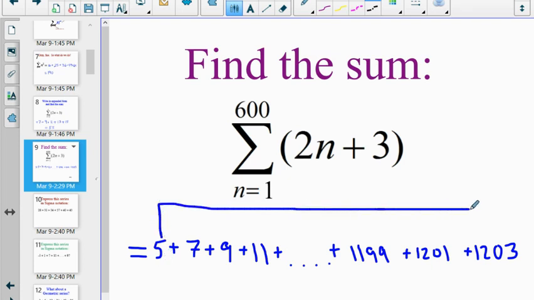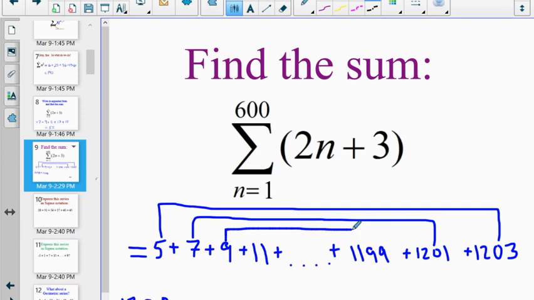Here's how. I'm going to take that 5 plus 1,203. There's a reason I'm doing this. When I do that, I get 1,208. And when I do 7 plus 1,201, well, that's 1,208 again.